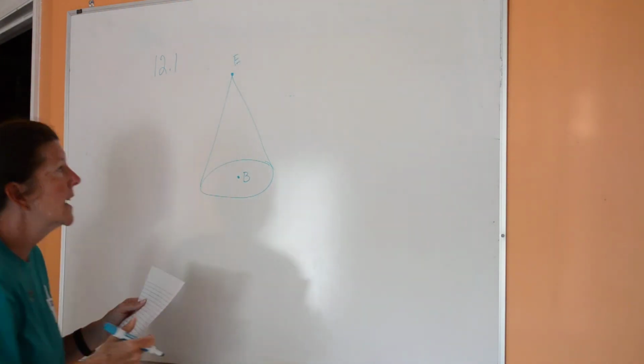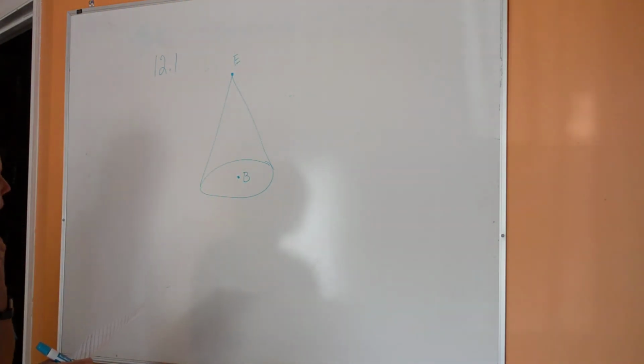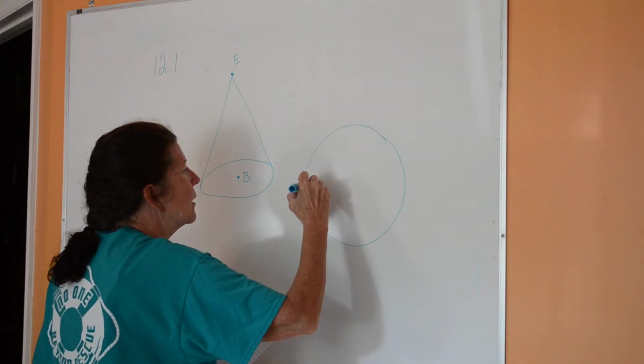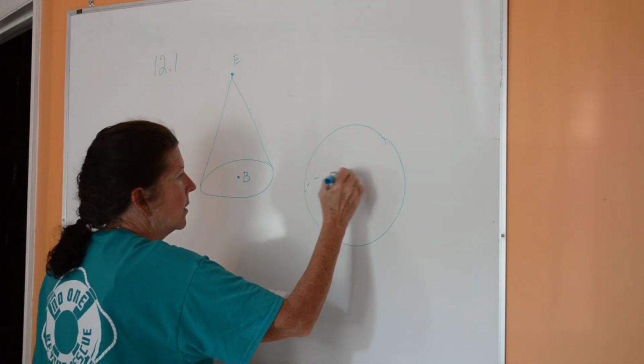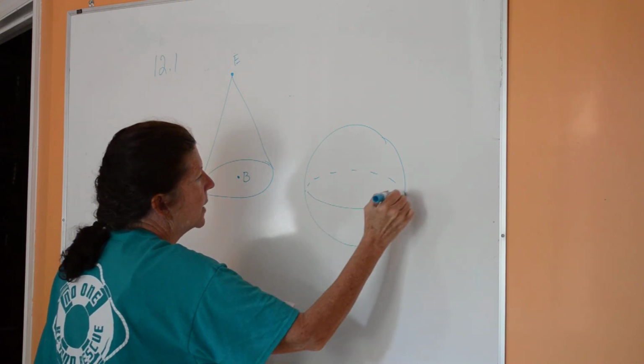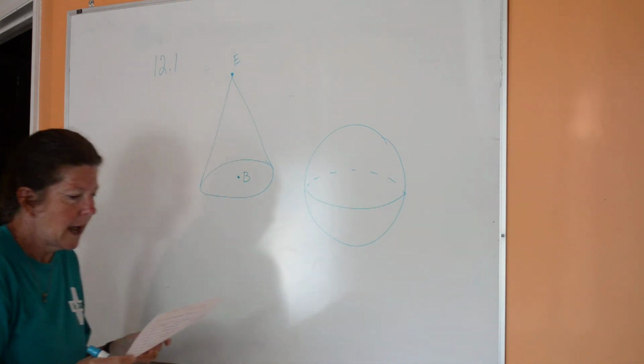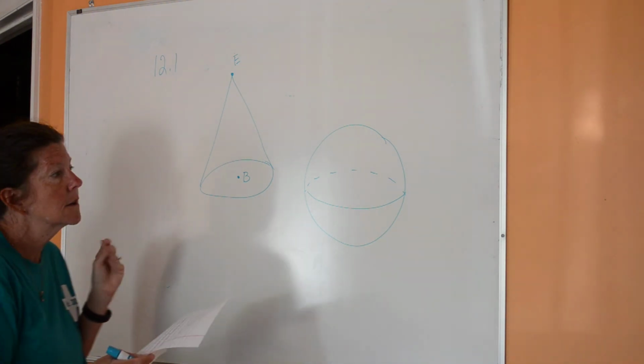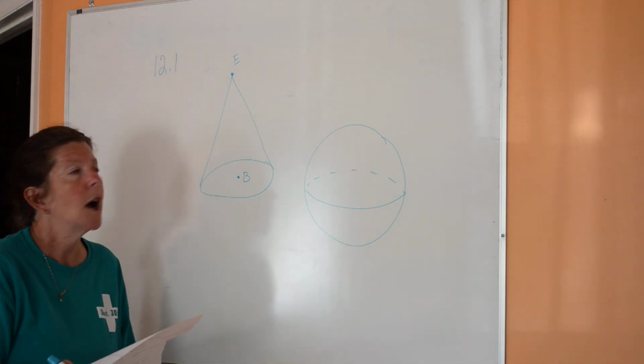Let's say we have vertex E. There are no edges. There are no faces besides the base. And then another shape you have is a sphere. A sphere is like a ball. It would have no base, no edges, no faces, and no vertex.